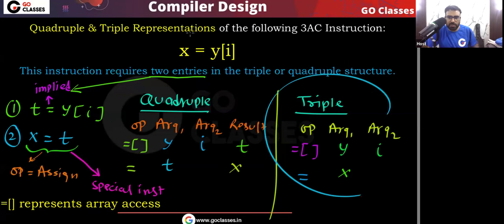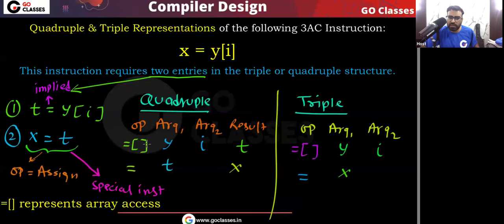Remember, in the triple representation there is no such thing as t. There is no such thing as a temporary variable. You can see what this t means: this position 0, yes or no? These are the positions 0 comma 1. So when you want to refer to this temporary variable t in the triple representation, we refer by the position. So here I should put this position. Is this clear? Very simple point.